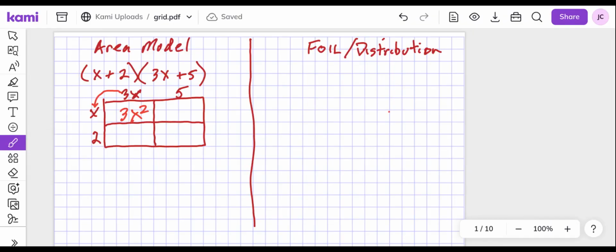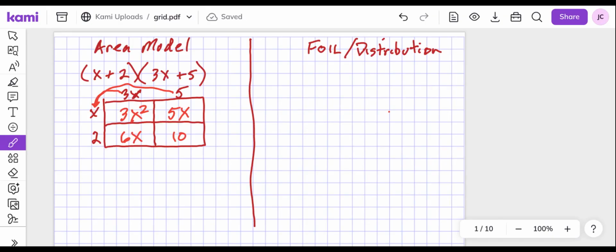What I'm going to do then is do that with each of the terms on the outside. So 5 times x goes right here, 5x. And then I do the left edge the same way, the top times the side, and so this is going to be 6x here, and then over here will be 10.